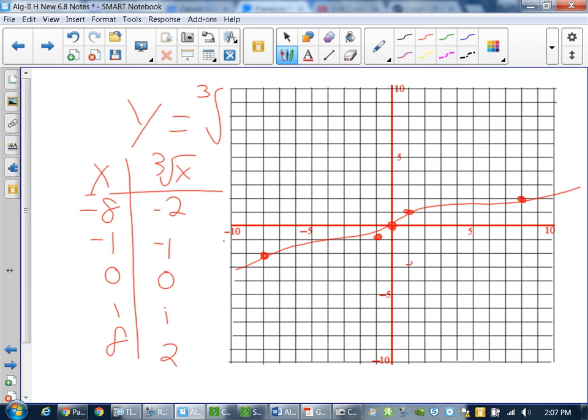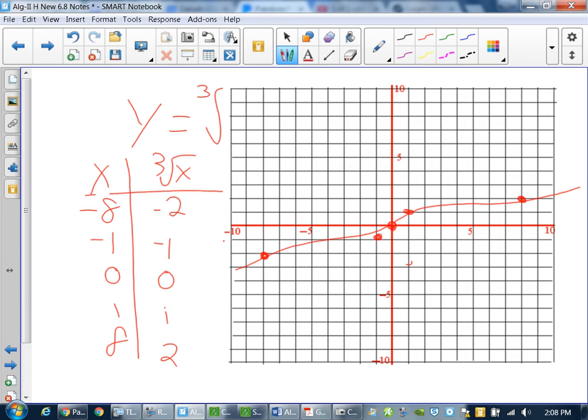So basically, we do the same thing we did yesterday, just with cube roots. Now, obviously here my a value for this problem is set up as a 1. And if you have a scalar, you would just multiply your y values by whatever the scalar was to make it move up faster or slower.